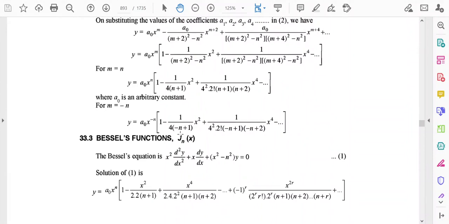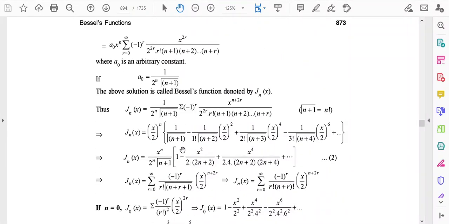There is minus n, and here is also minus n. Suppose for some values of n, for example, n is equal to 2, then what will happen? 2 minus 2 is 0. So in the denominator, if there is 0, then this term will become infinite.